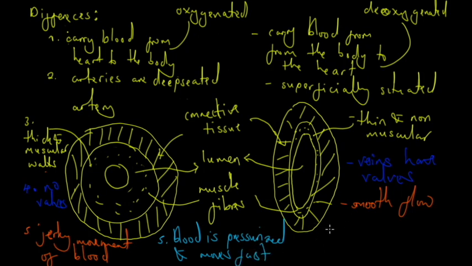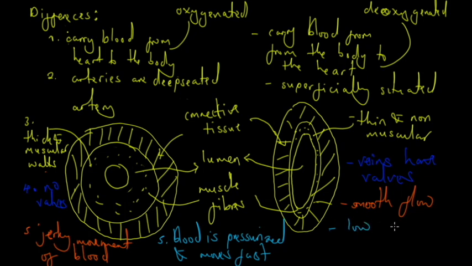By the way, this is the reason why you have thick muscular walls: the heart is pumping blood, the lumen here is small, and these muscle fibers are large because they have to withstand the pressure of the blood. Then the pressure in the veins is low.